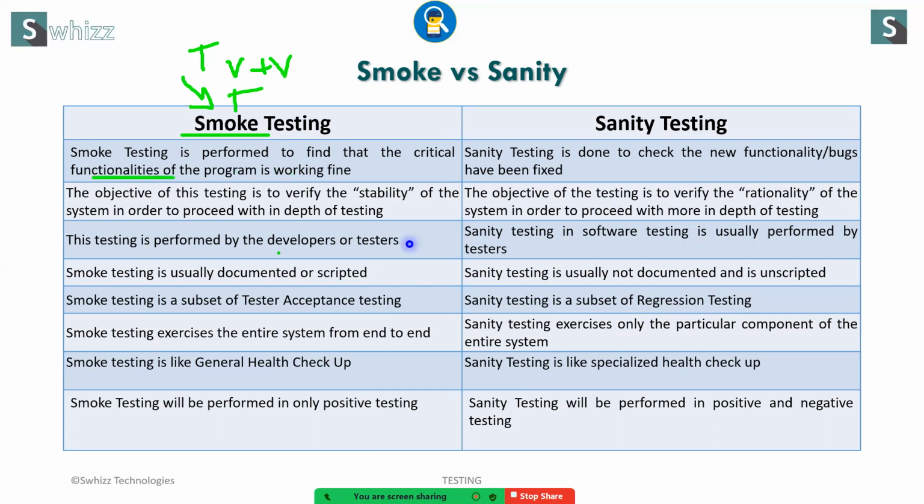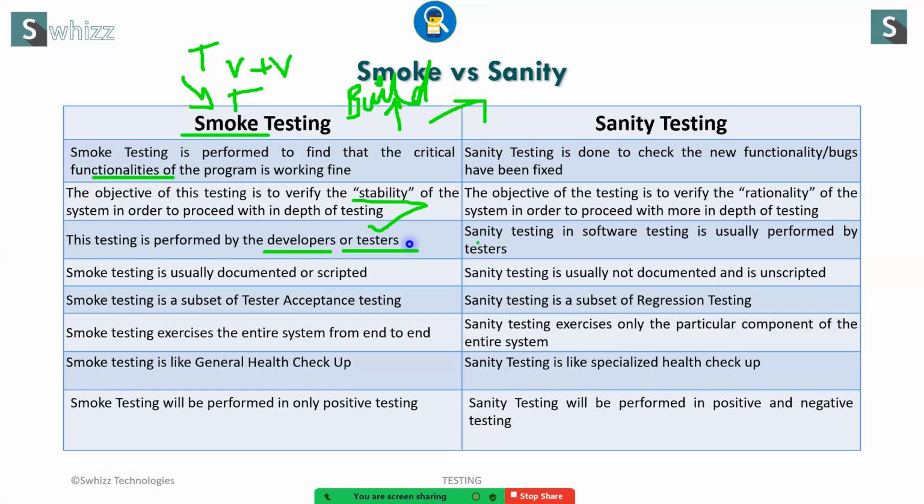That's why smoke testing will be performed by the developers or the testers. To make sure the build is stable, and to save our time and not waste it on an unstable build, we have to make sure the smoke test results passed. To find the stability first, as a tester, you have to perform the smoke test.